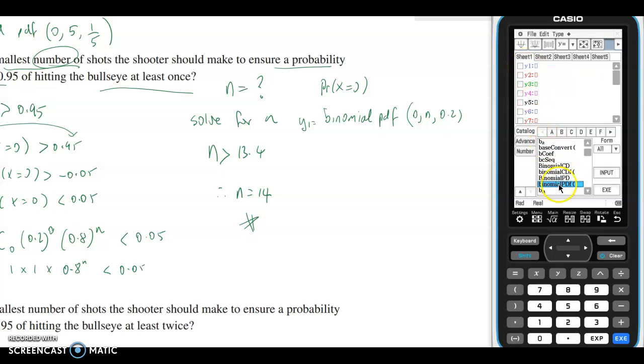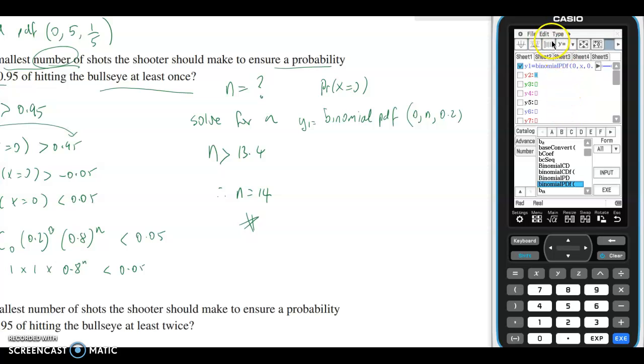Binomial PDF, that's the one I want. Okay, I'm feeling a lot more confident now. So what I wanted to put in here was exactly what I wrote before: 0, x, 0.2. I'm going to close brackets and just enter that. And I'm fairly happy with that.